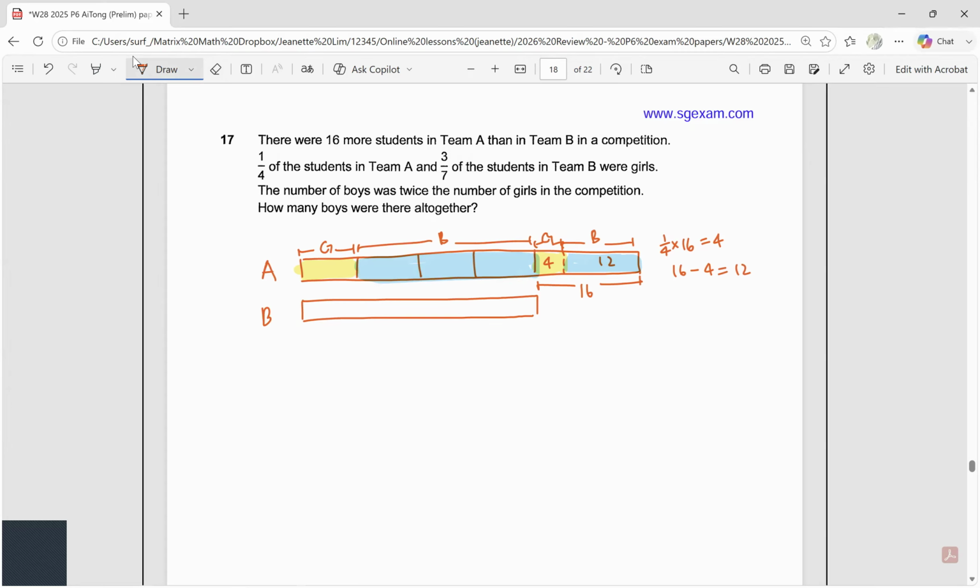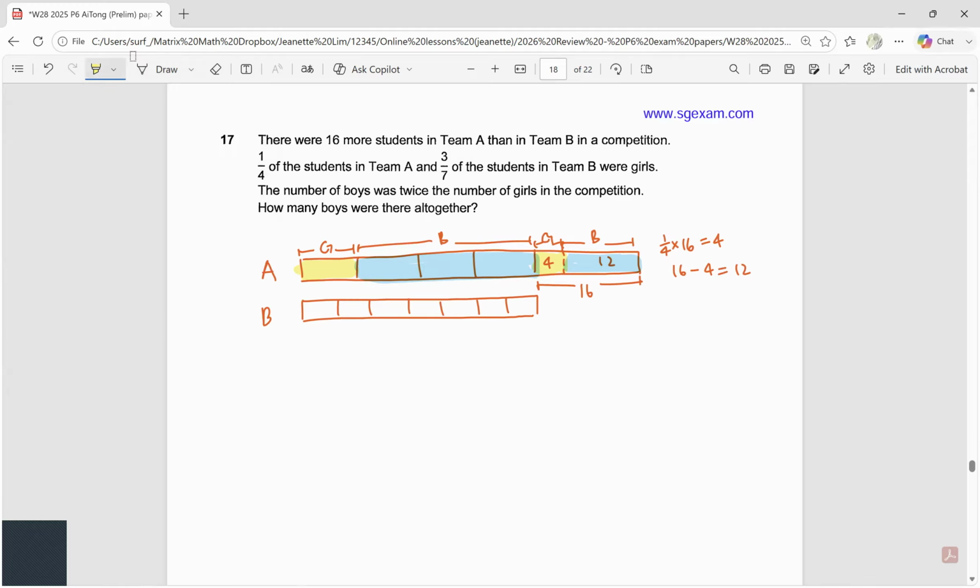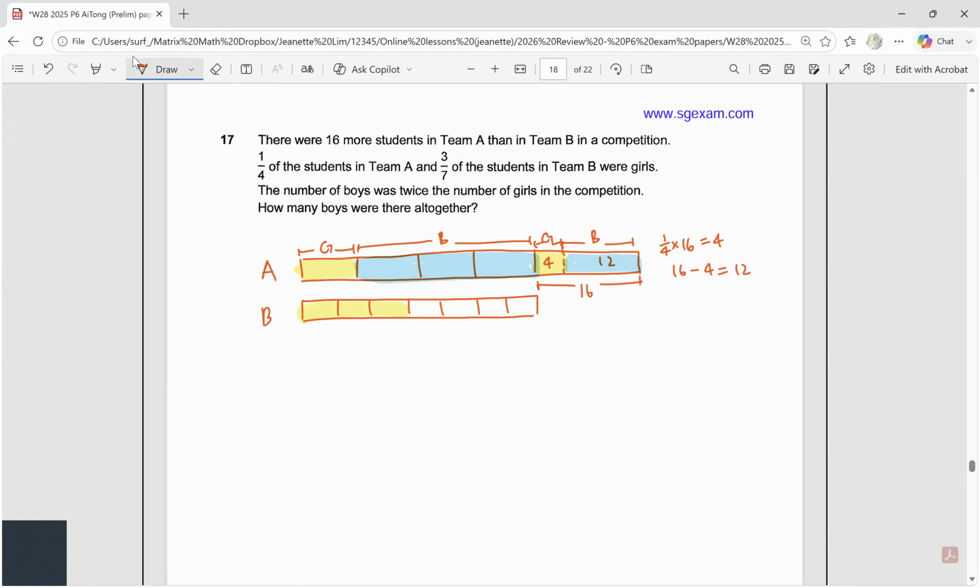For B, 3/7 of them are girls, so cut into 7 units. So 3/7. Maybe I write team, in case you get confused over team B and boys.